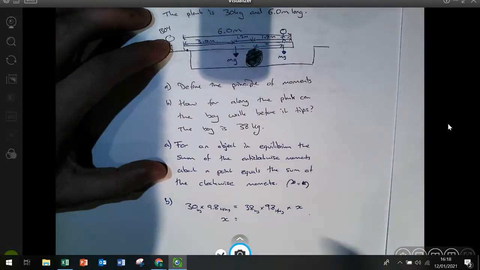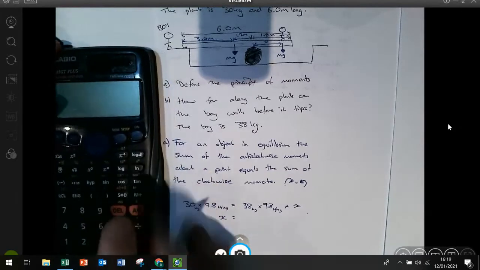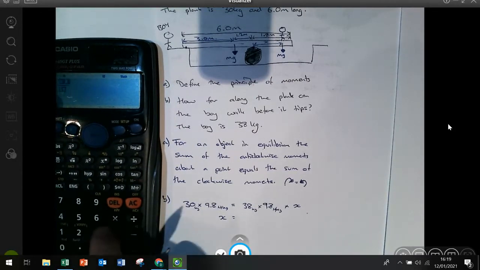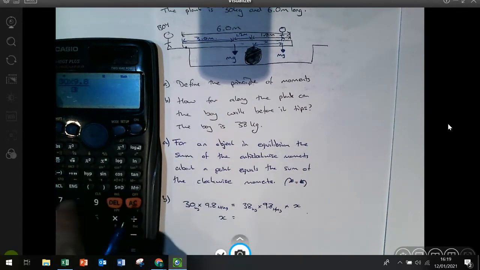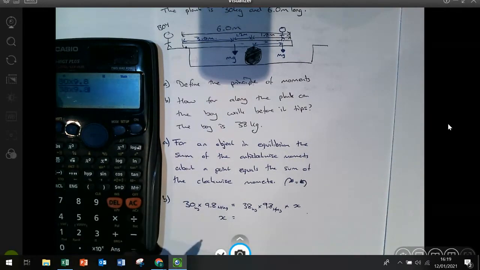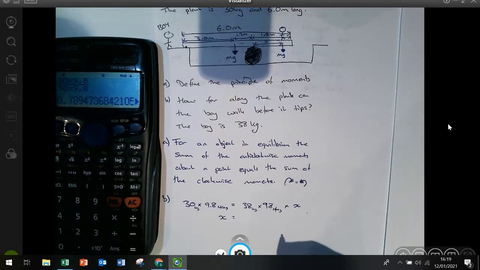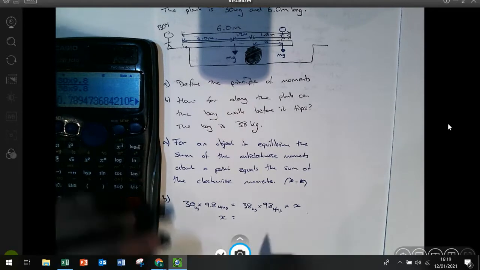So if we rearrange that and solve it, we get 30 times 9.8 divided by 38 times 9.8. We get a distance. Oh, no, I've made a very silly mistake here.